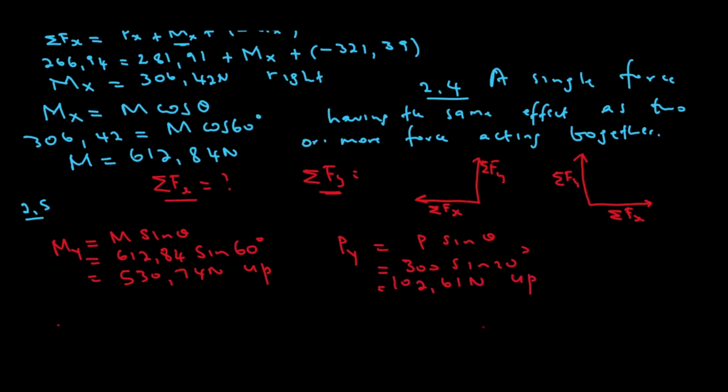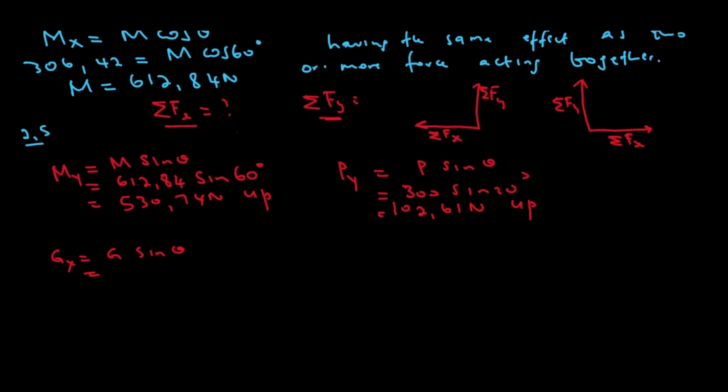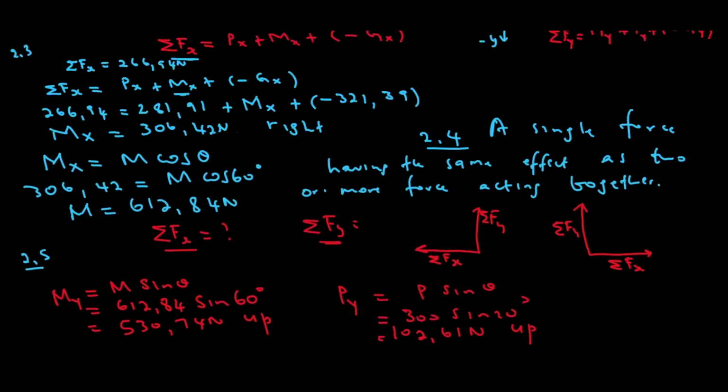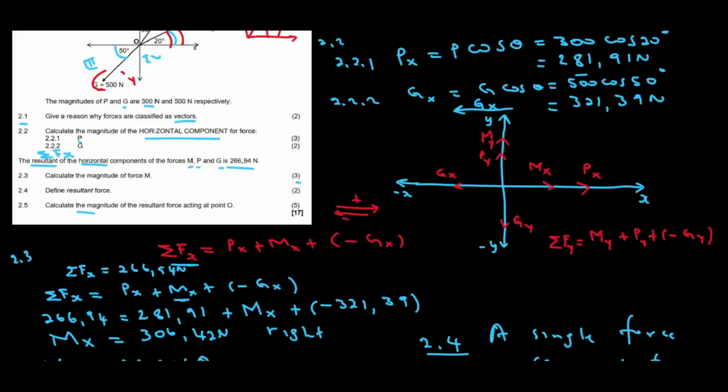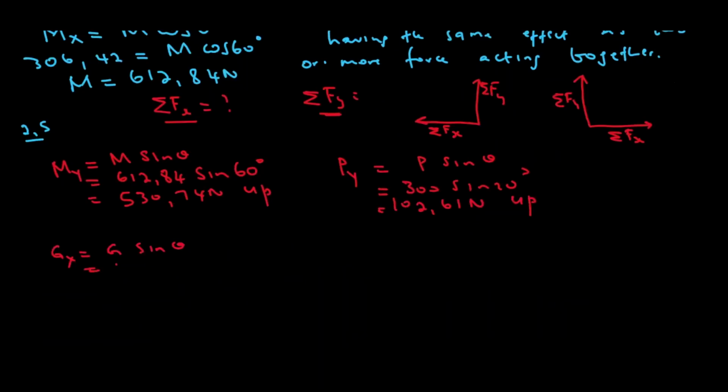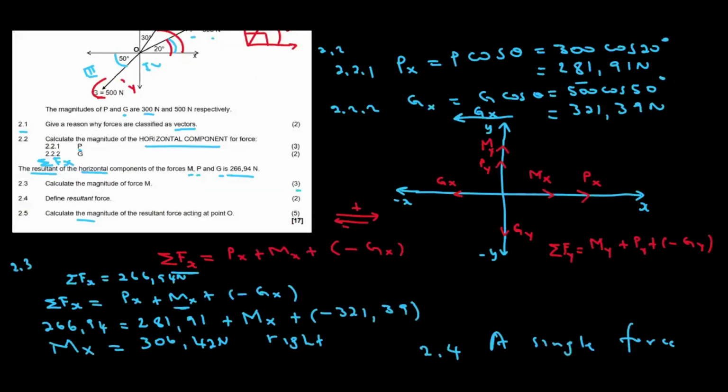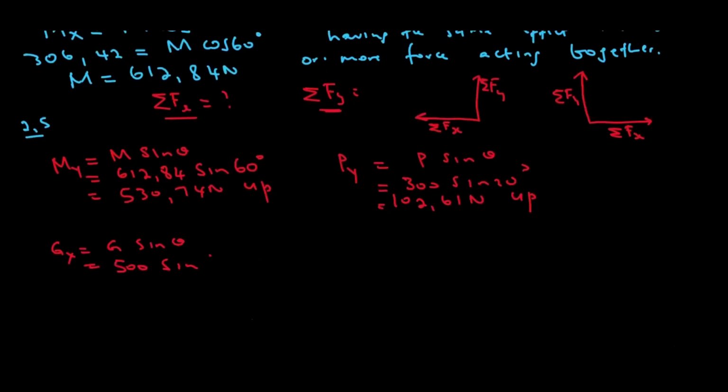And lastly, we need to work out G in Y, which is going to be G sine of theta. Let me bring this down. The magnitude of G is 500, if I remember correctly. Yes, you can see G is 500. So this is 500 sine of the angle, and the angle given to us is 50 degrees between G and the horizontal. So we can substitute 50 degrees here.